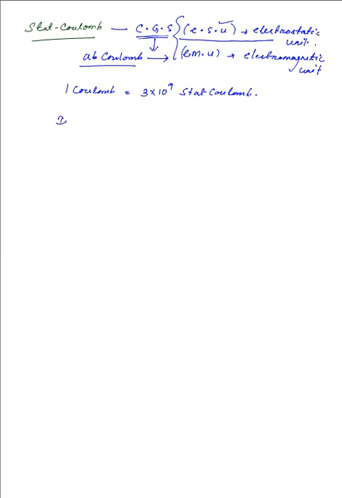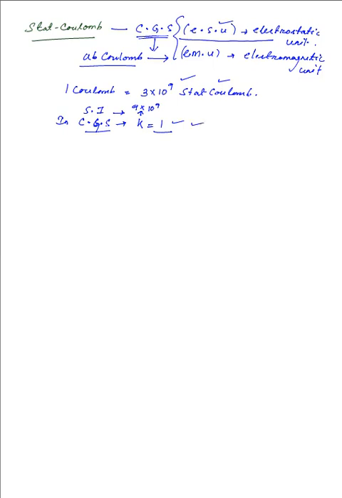So in the CGS system of units, we have the value of the electrostatic force constant, which in SI was equal to 9 times 10 raised to the power 9. If you remember, that has a value equal to 1 in the CGS system. We can use this to find this, or conversely we can use the relation between coulomb and stat coulomb to obtain the value of K to be equal to 1.